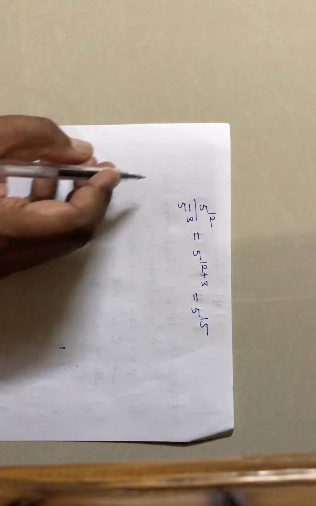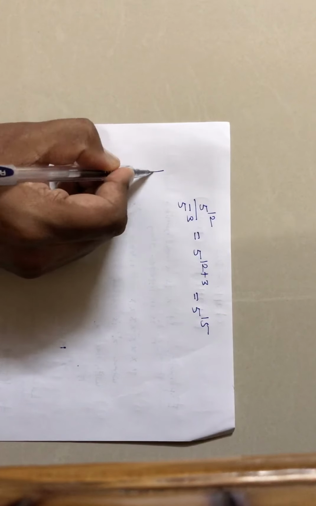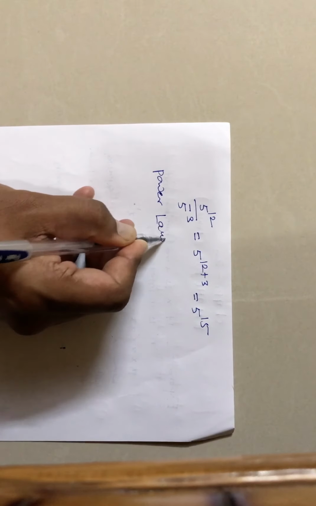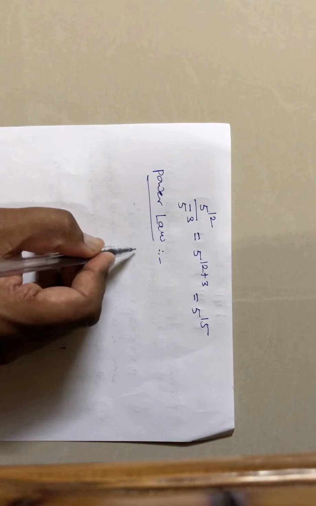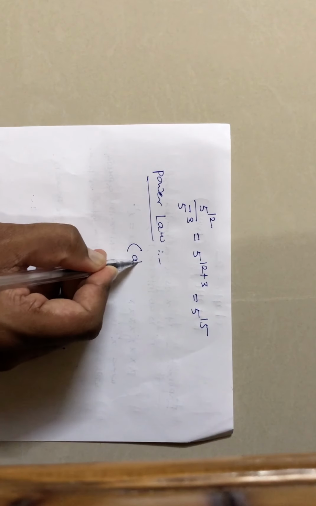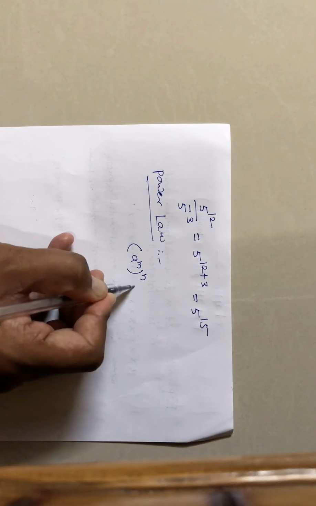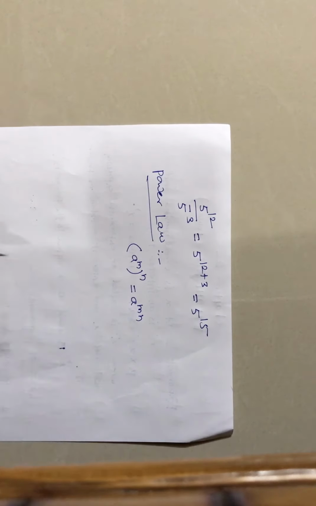Now we'll see the third law, power law. a raised to the power m, raised to the bracket power n, is equal to a raised to mn.